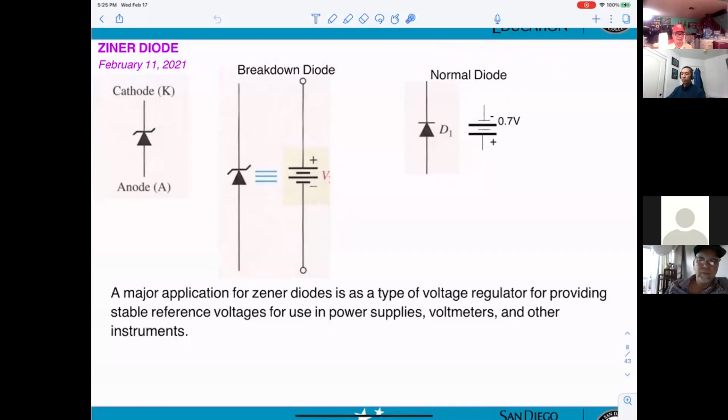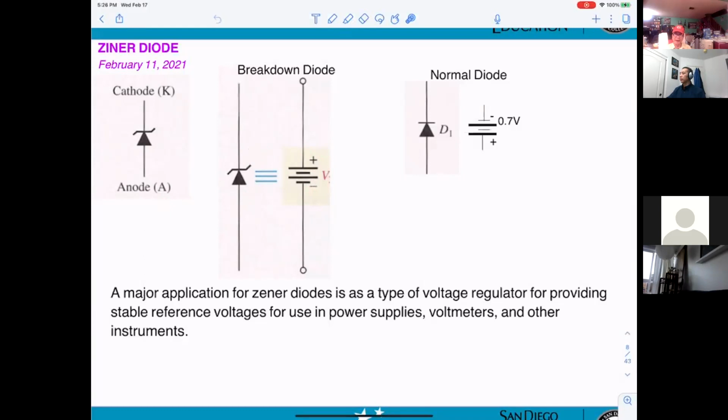This is the first part, the introduction to the Zener. When you look at it, you're able to recognize this is a Zener diode. When it breaks down, this side will be positive and this side will be negative. So you can see this is the cathode and this is the anode, but when it breaks down, this side must be positive and this side must be negative.